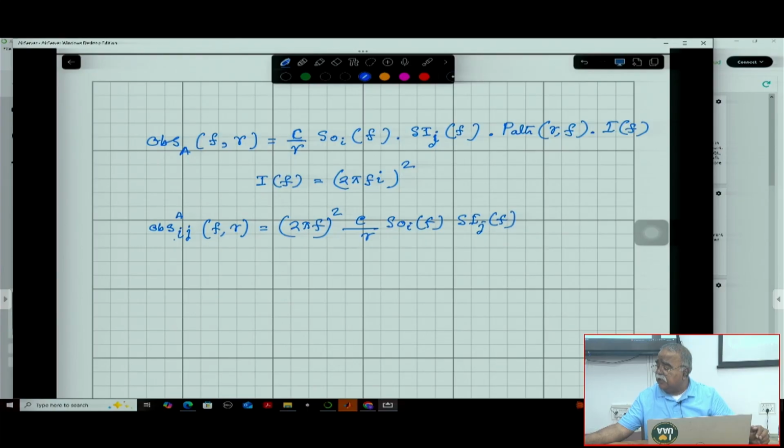This is for the site, so i is for the source and j for the site, and then e to the power, which is the path factor. The path factor will be equal to e to the power minus pi f Rij divided by Qf into beta, where Q is the quality factor.